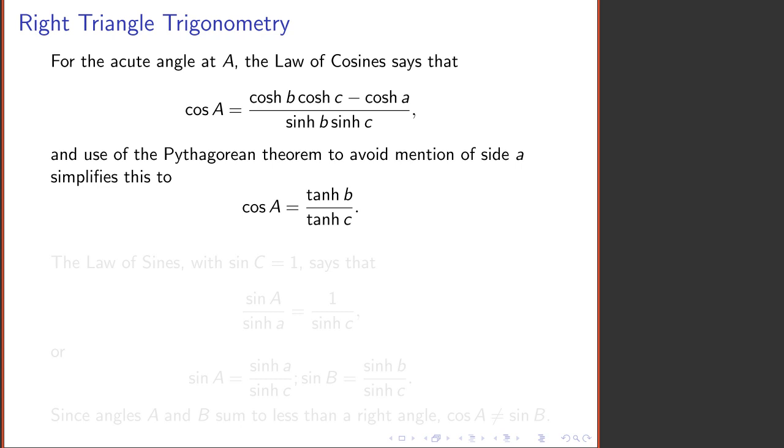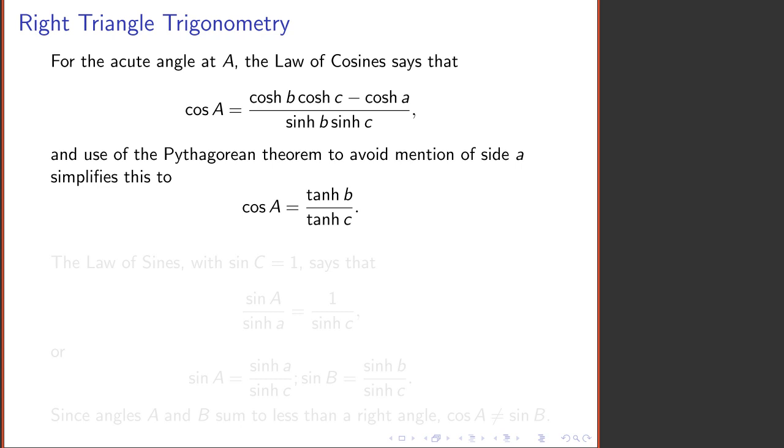Now let's specialize to the case of a right triangle and look at the cosine of one of the acute angles, say A. Here's what the law of cosines says it is. But in this case, we've got a right triangle.